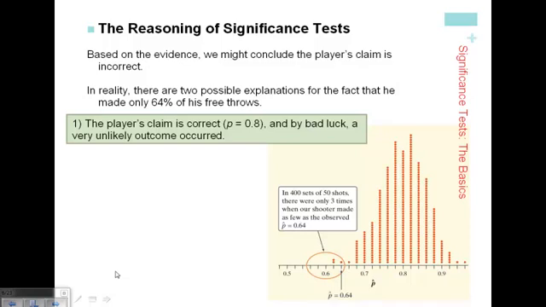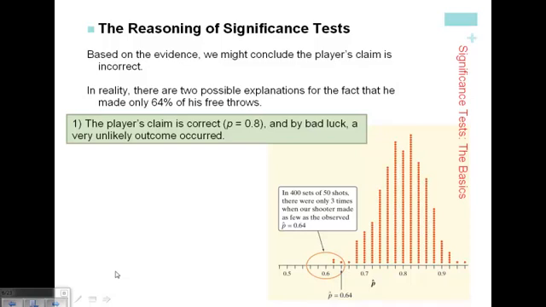Well, I believe that there's chance variation. And I believe that 3 times out of 400 in our simulation, the 80% shooter did shoot that poorly. Now, if you want to call that luck, you just want to call that very, very different from what's expected, I'm okay with that too.